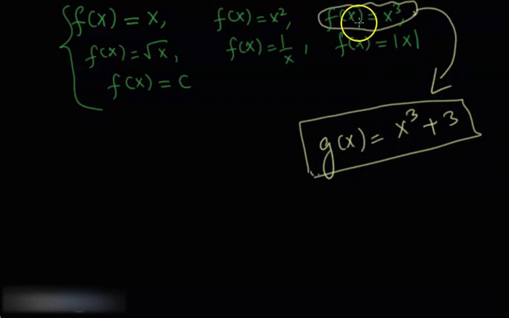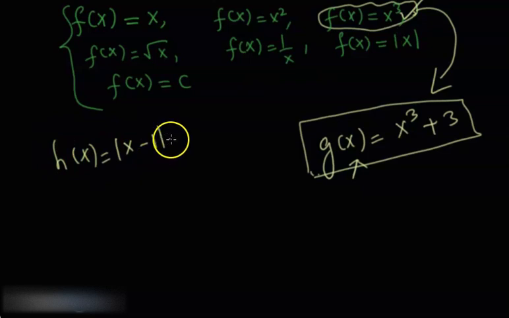This is a transformed version of this function. And what are those transformations, how to recognize which transformation has been used, how can I plot this one using the graph of this function? These are the questions that we are going to answer.